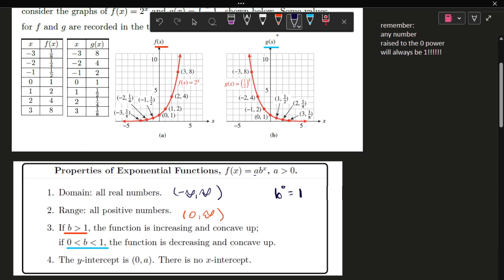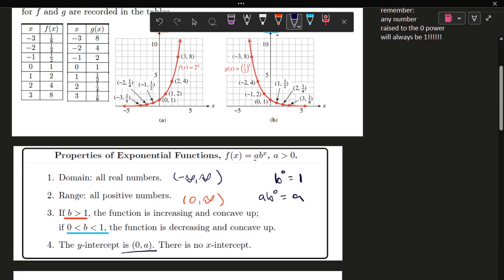It doesn't matter what b is, whether it's a positive or negative number, towards infinity, or a fraction, it's going to be 1. So then a times b raised to the 0 is always going to be a. That's what it's saying right here, that's what the y-intercept is, and that is a question that you will be doing today.